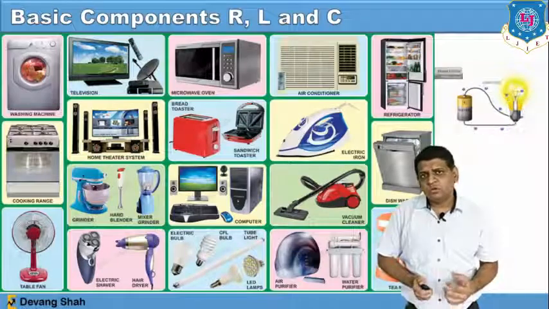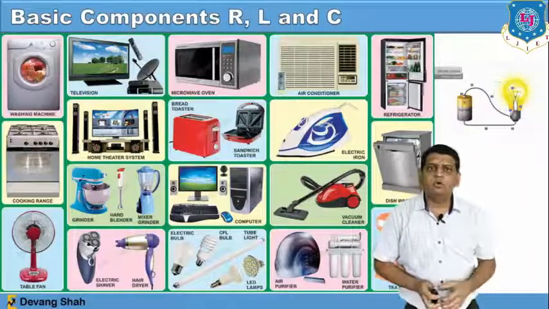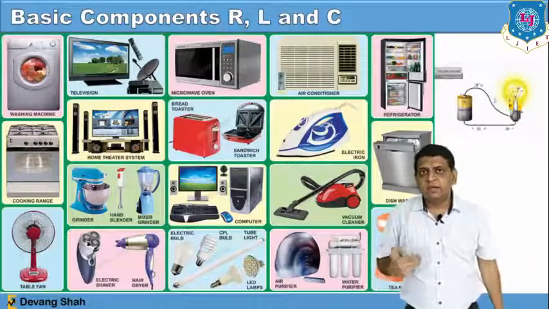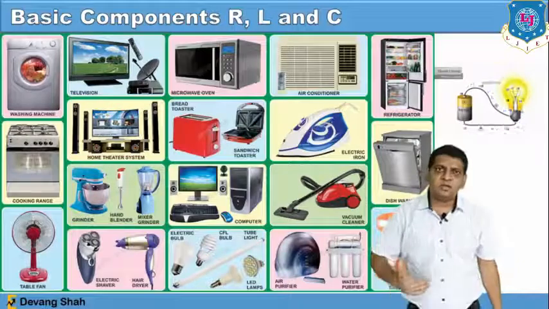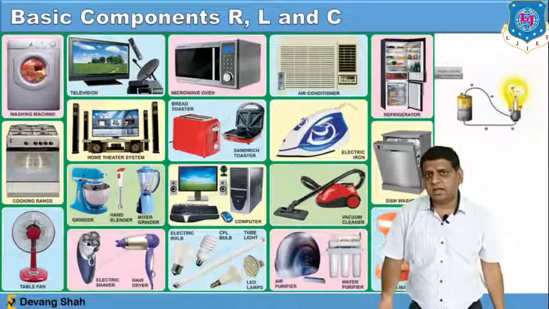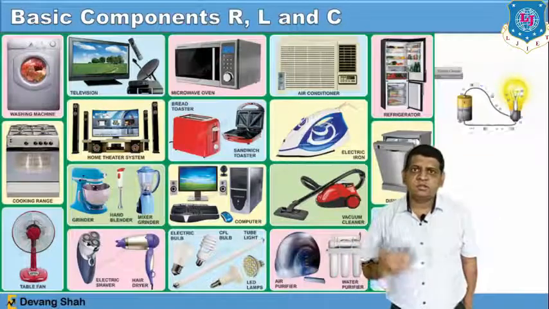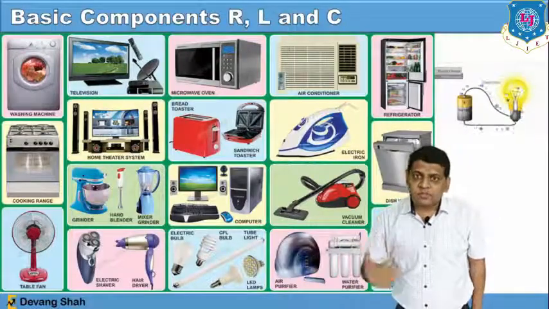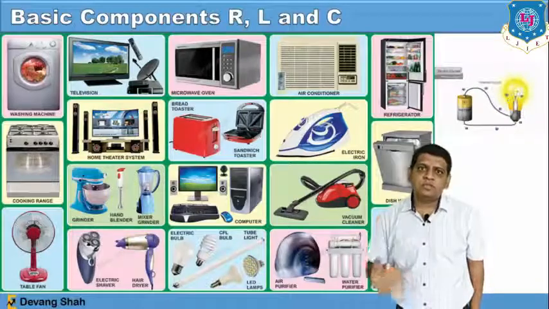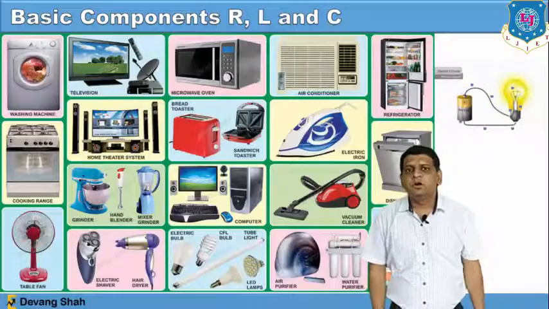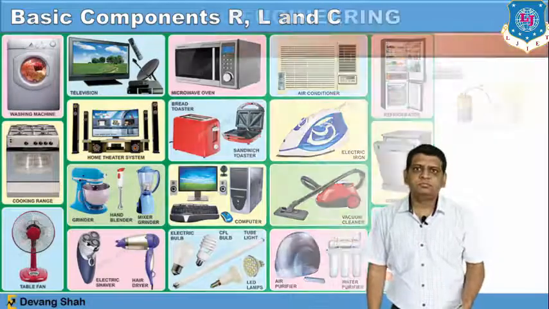Because to make these home appliances at the scratch level, you require electrical circuitry. This electrical circuitry is made up of resistance, inductor, and capacitor. So that's why these are the primary components.